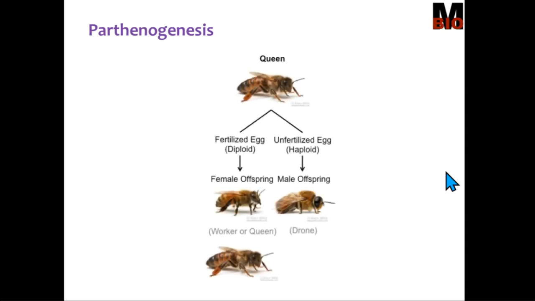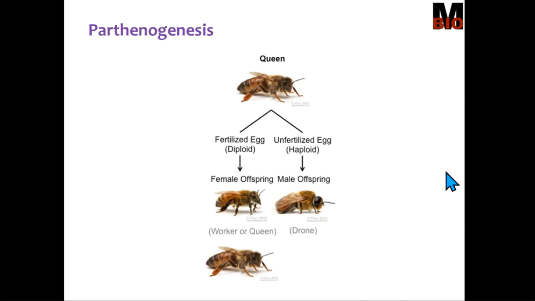Then another peculiarity that is exhibited by organisms coming under Arthropoda is parthenogenesis. It is specifically exhibited by insects. Not all the organisms possess this particular peculiarity, but insects coming under Arthropoda exhibit parthenogenesis.